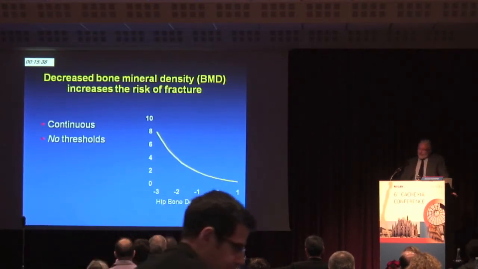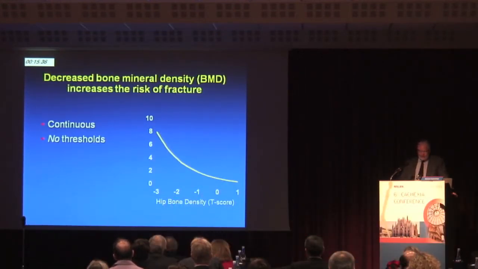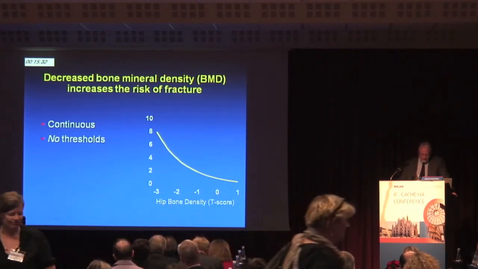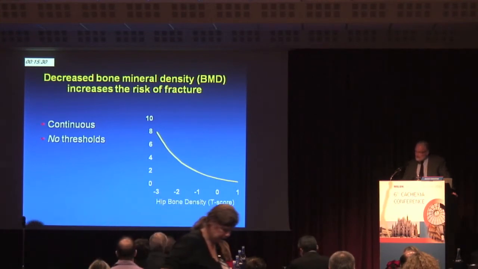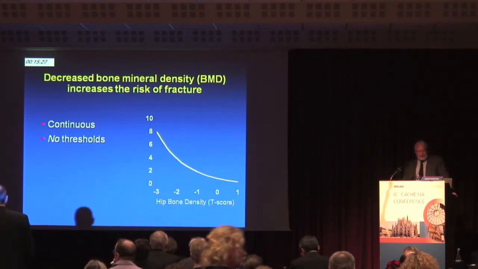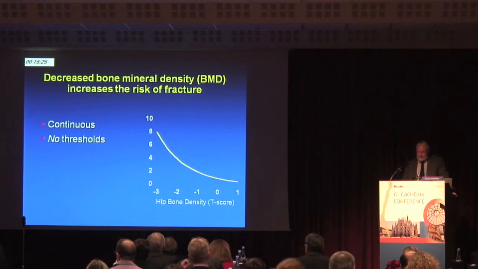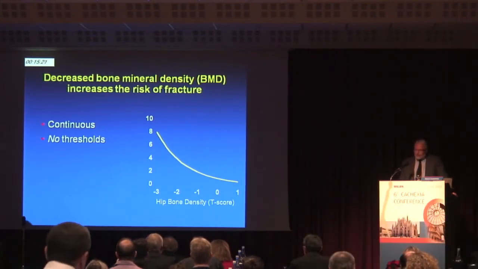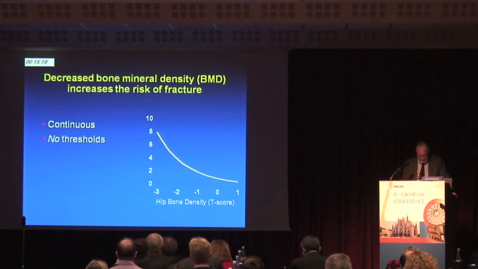First of all, bone mineral density is a very accurate measurement of bone, and its measurement is related to risk of fracture. The lower the bone density, as you see at the bottom, the t-scores, minus, plus. It's a continuous relationship. There are no obvious biological thresholds.